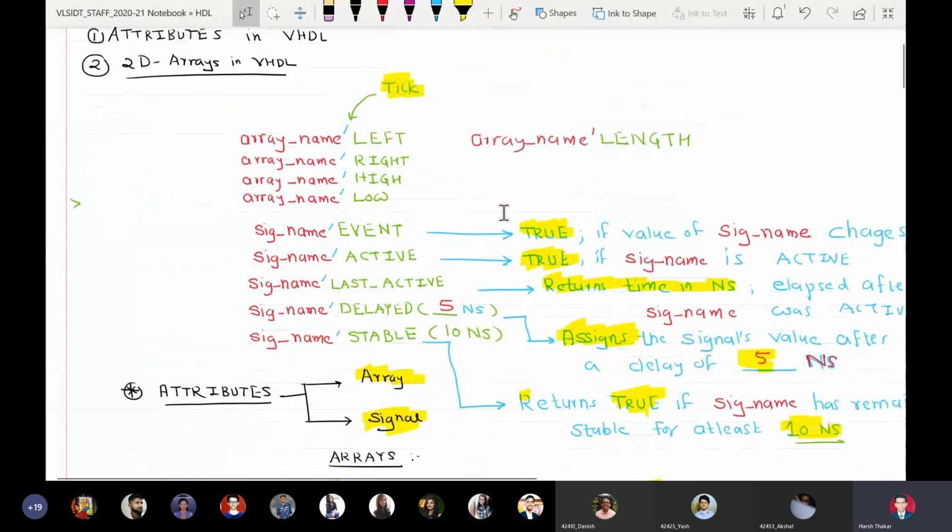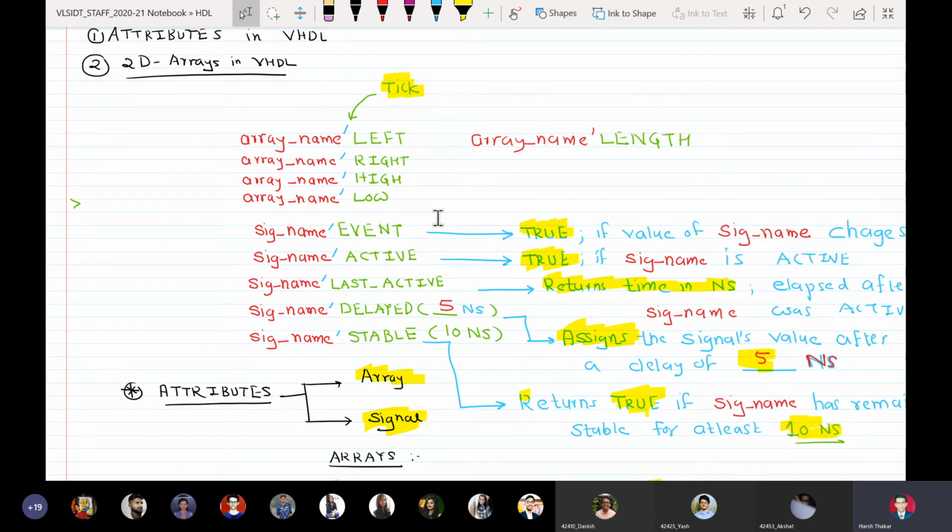So we discussed basically array attributes and signal attributes, that is different attributes available for arrays and different attributes available for signals. And we discussed 5 attributes: 'left, 'right, 'high, 'low, and 'length. And for signals, we discussed 'event, 'active, 'last_active, 'delayed, and 'stable.